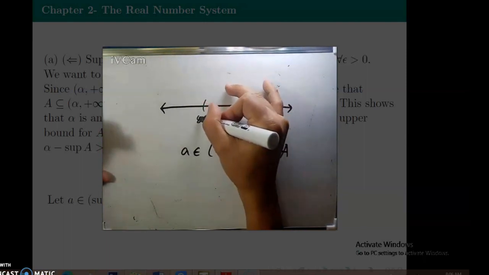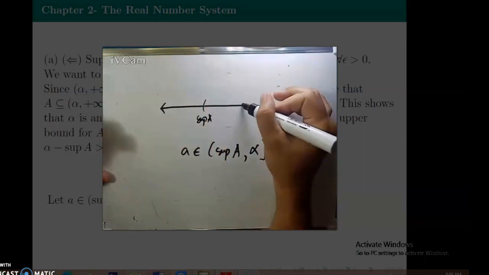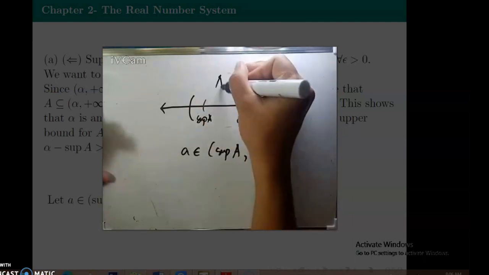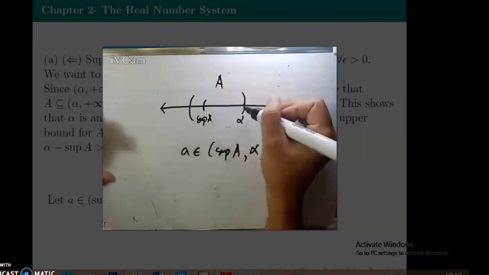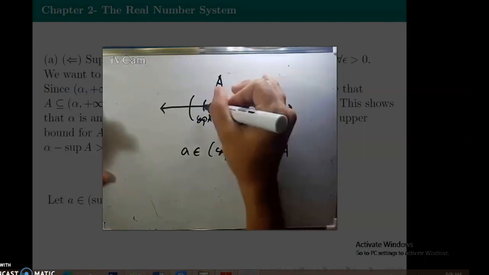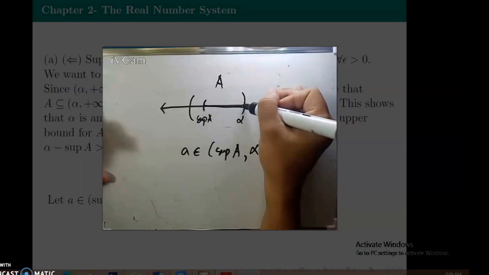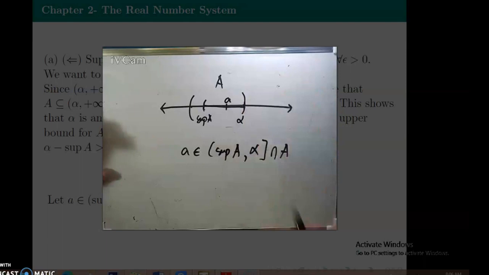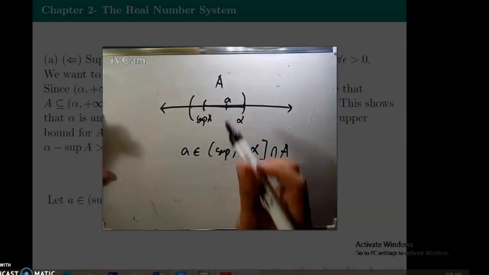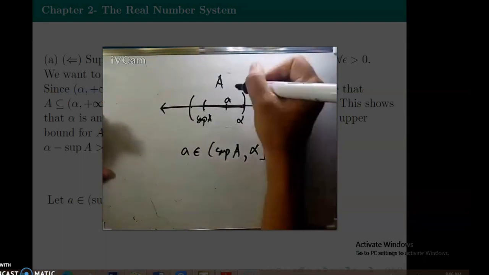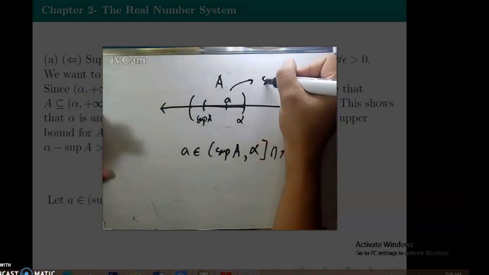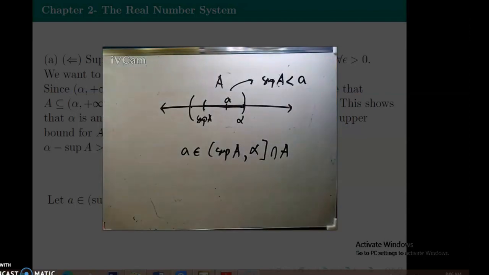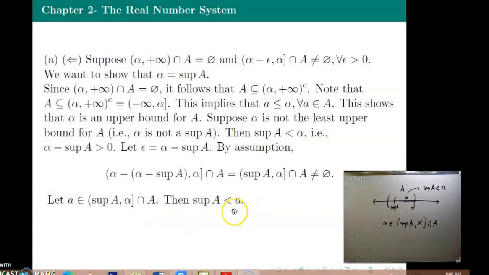So the supremum of A is here, alpha is here. So we have here the set A, and as you can see, there is an element in common to this interval and A. So say for example, element a is here. So in that case, we can say that the supremum of A is less than a.